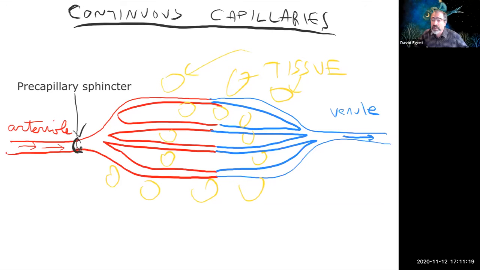You still need some blood flow. There are these, they're called meta-arterioles.